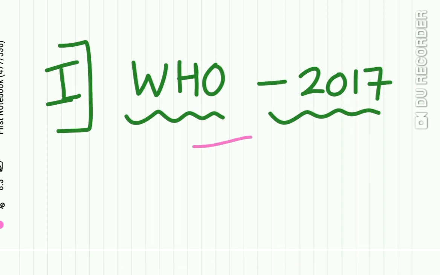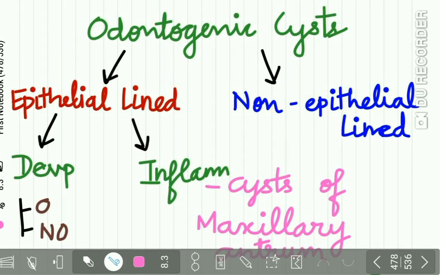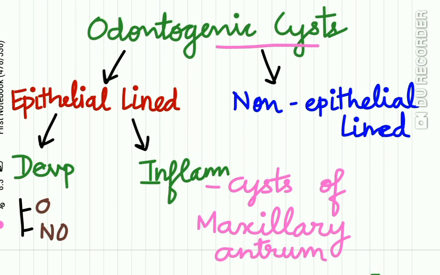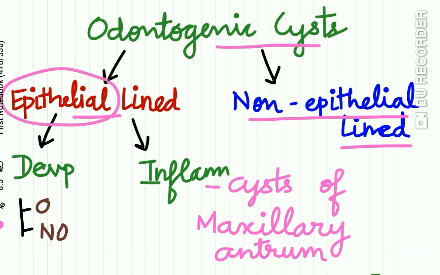First, the WHO classification in 2017. The WHO classification says that odontogenic cysts are of two types: the epithelial lined cyst and the non-epithelial lined cyst. Now, these epithelial lined cysts are again of two types: the developmental cyst and the inflammatory cysts.